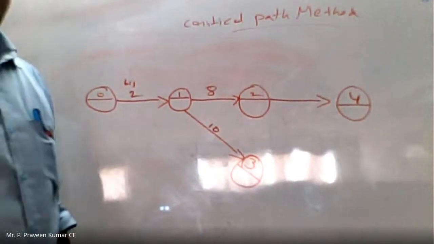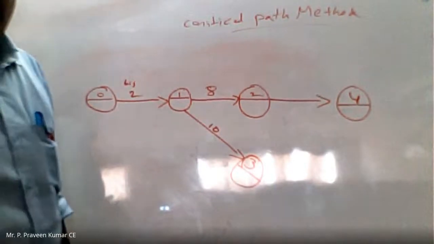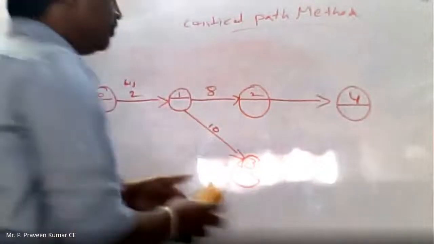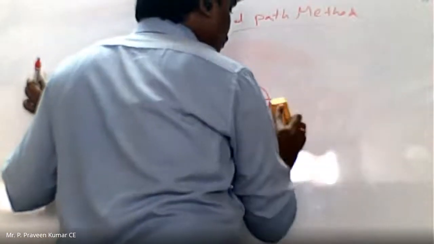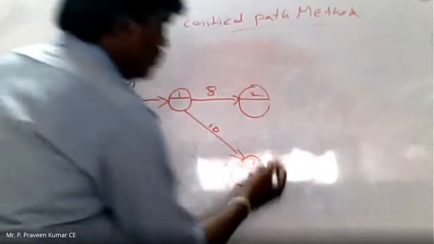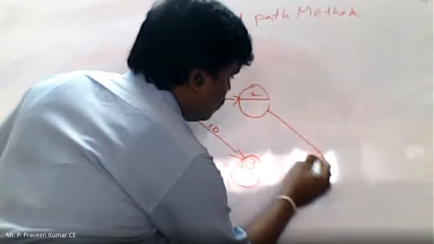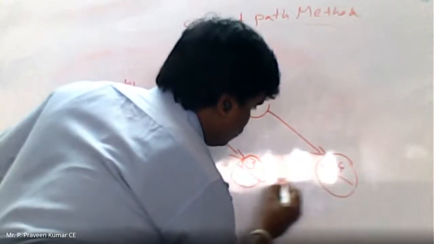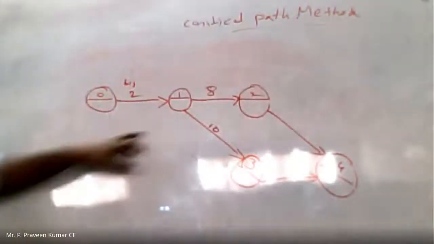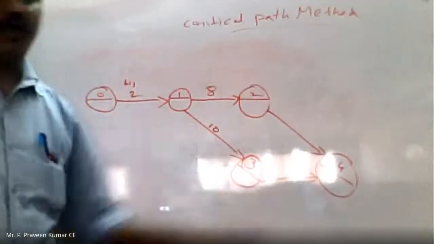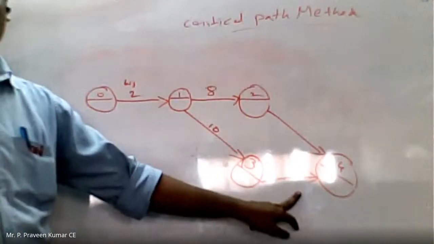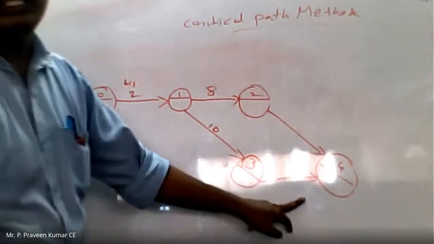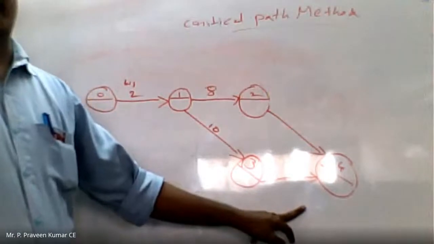So from 2 I need to draw to 4, and from 3 I need to draw to 4. So this relationship you should understand. If you understand this relationship, then it is very easy to develop the network diagram.